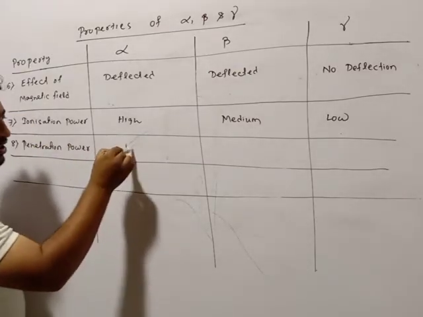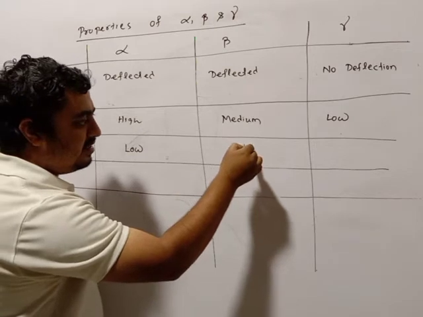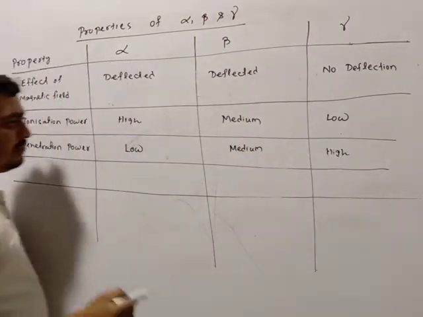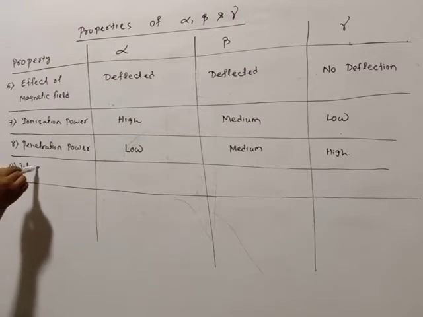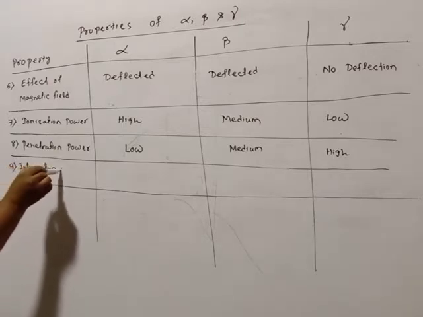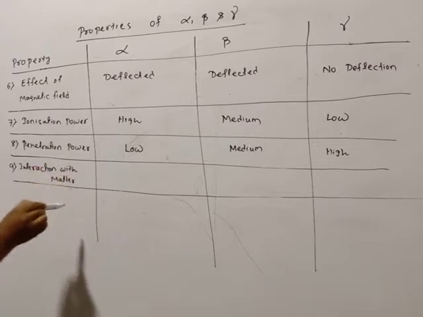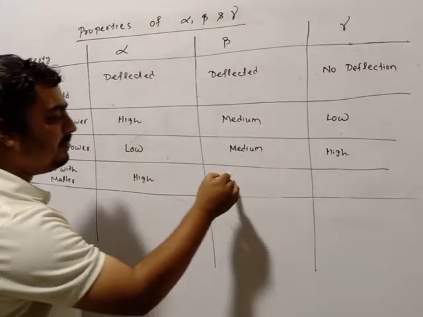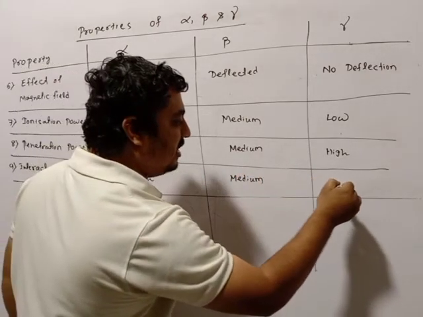The penetration power of alpha is low, beta is medium, and gamma is high. Next, interaction with matter. Interaction with matter of alpha is high, beta is medium, and gamma is low.